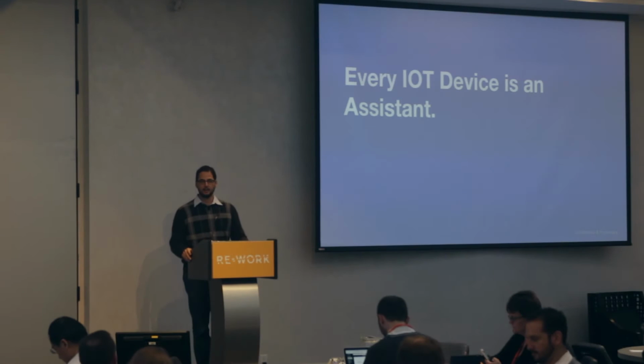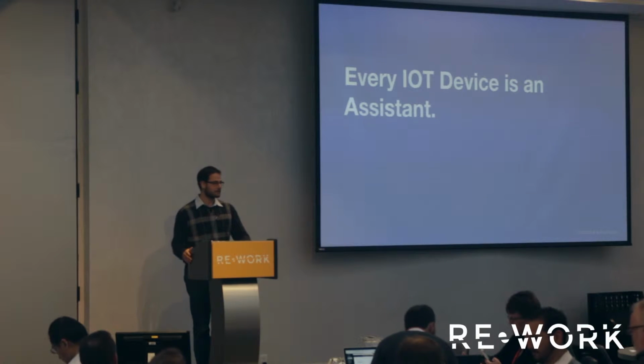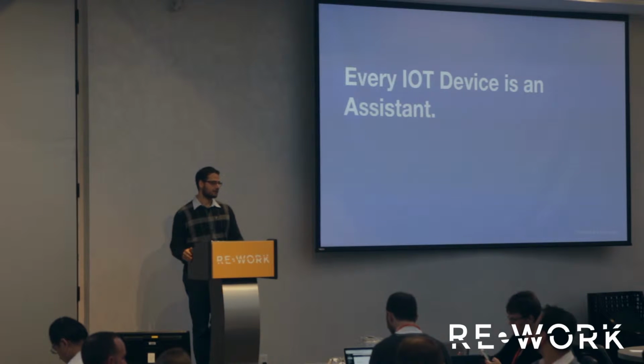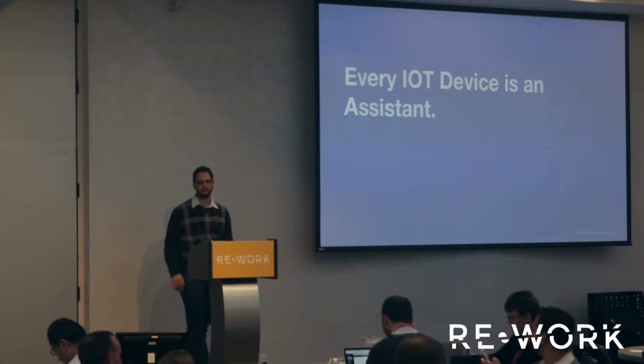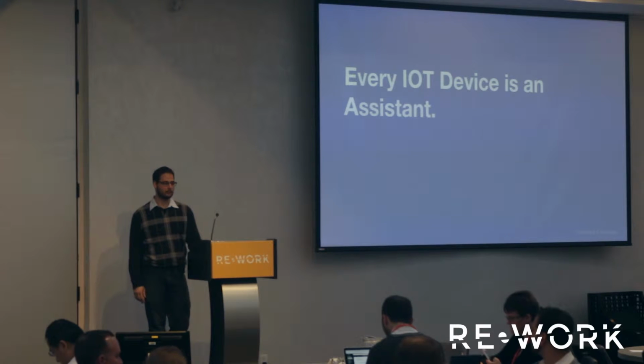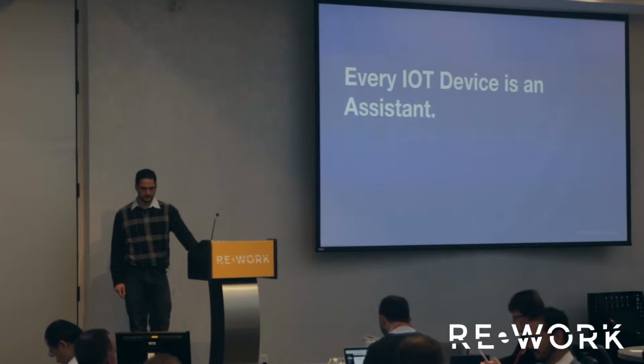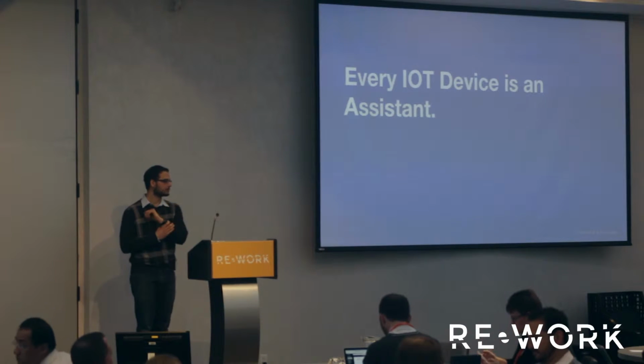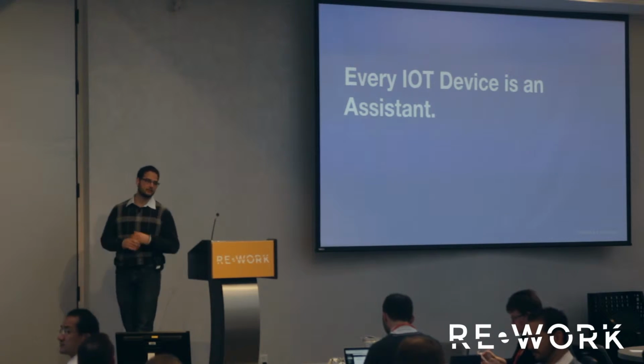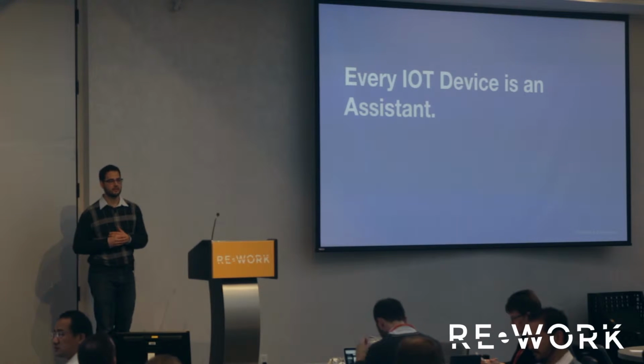So I'm here to basically make the claim that whether you're building an IoT app, or an IoT device, or a smart service, they're all basically versions of a smart assistant. If you're building a smartwatch or glasses, you're trying to give smart notifications to the user.